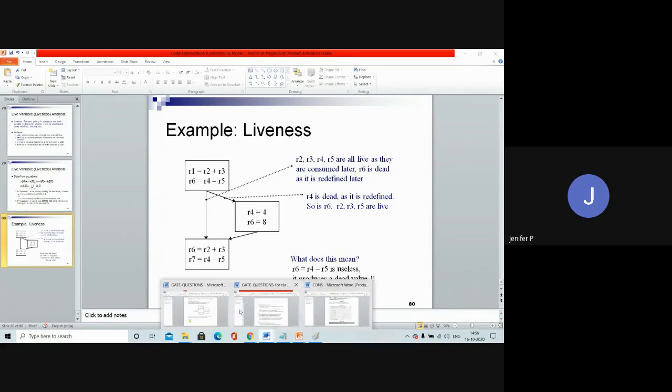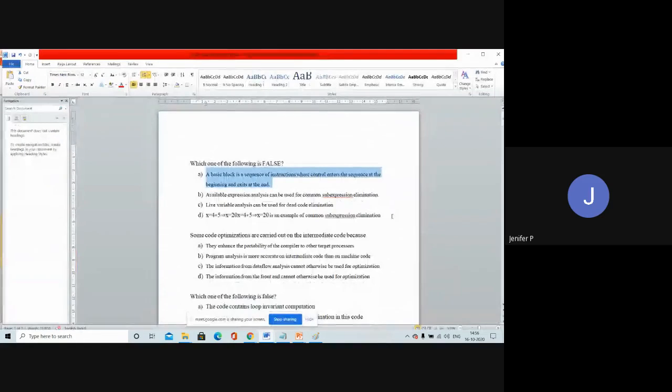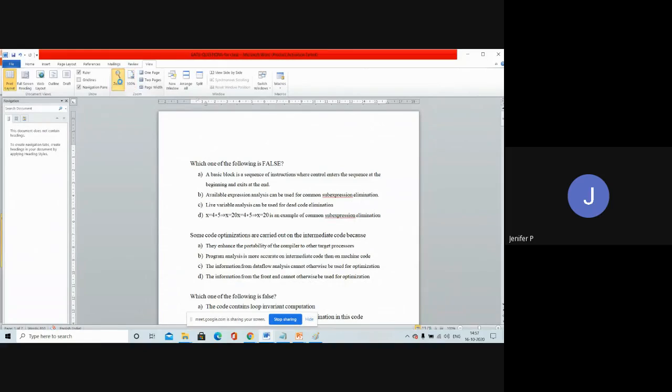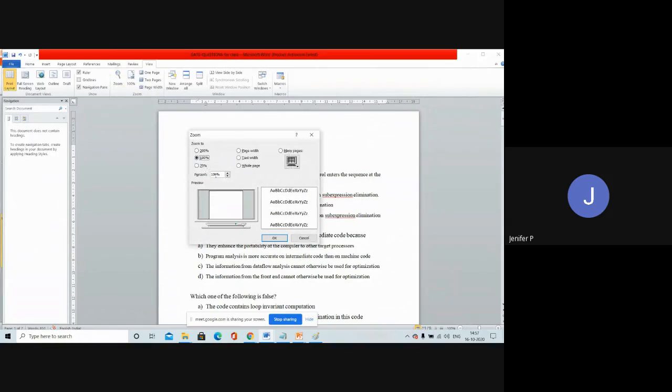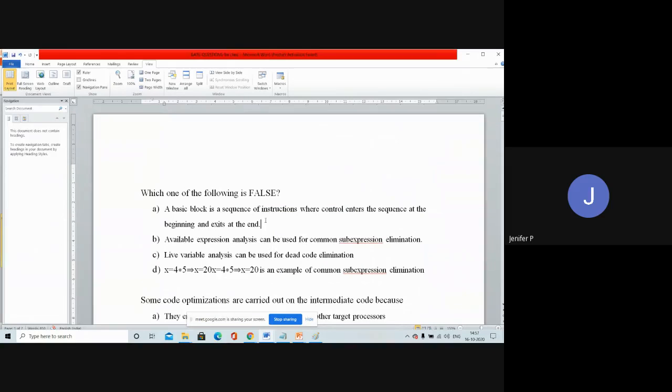So the first statement is true: control enters a sequence at the beginning and exits at the end.